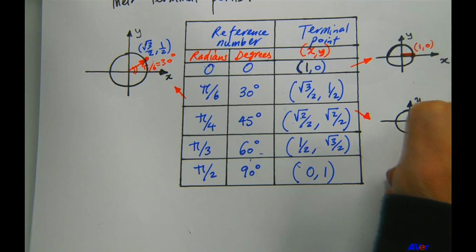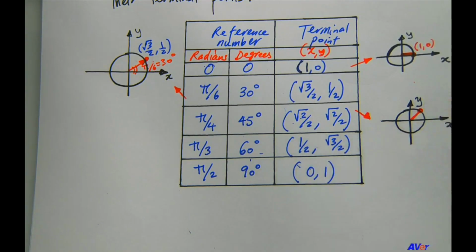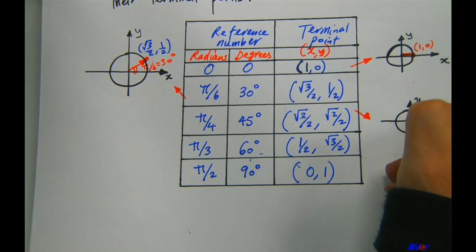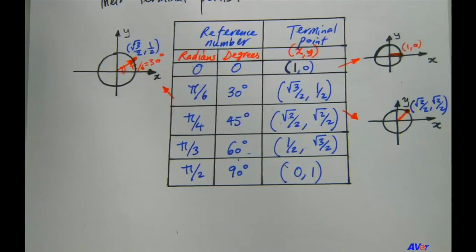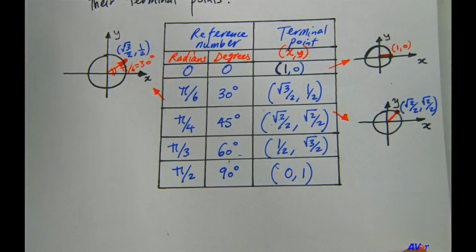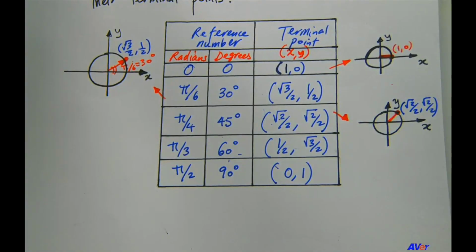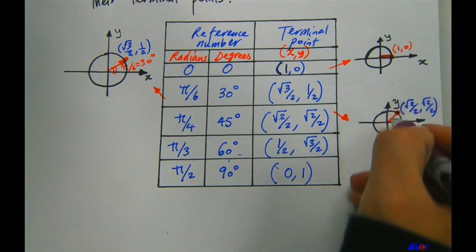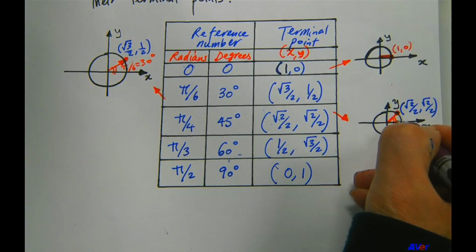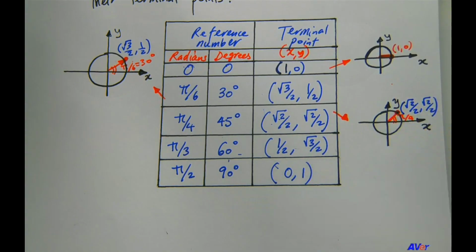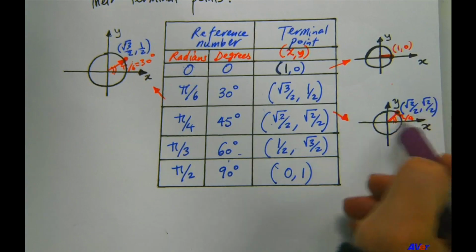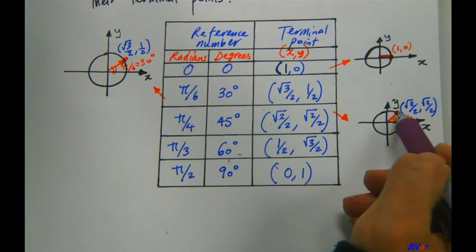So the terminal point is right there. And we're saying that the coordinates of that point on the unit circle are square root of 2 over 2, comma, square root of 2 over 2. Oops, let me move this a little bit, like that. Right? And of course, this is the reference angle, right there. That's pi over 4, that angle. The shortest distance between the x-axis and the terminal point.